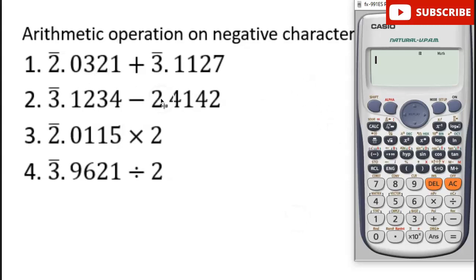See, the calculator has no bar, so you have to make it minus 2.0321 plus minus 3.1127.